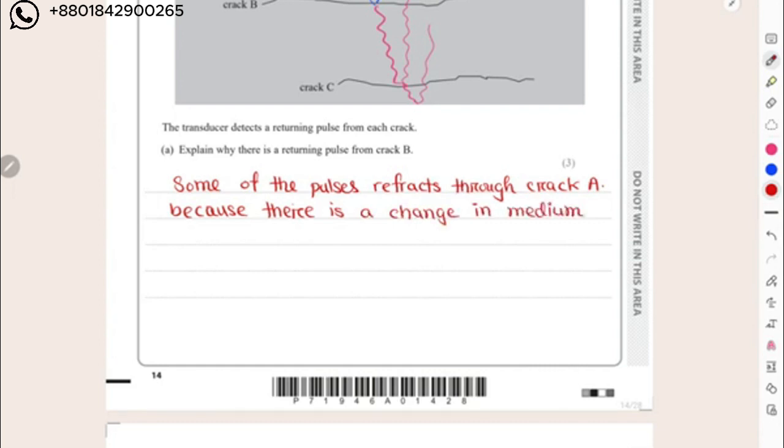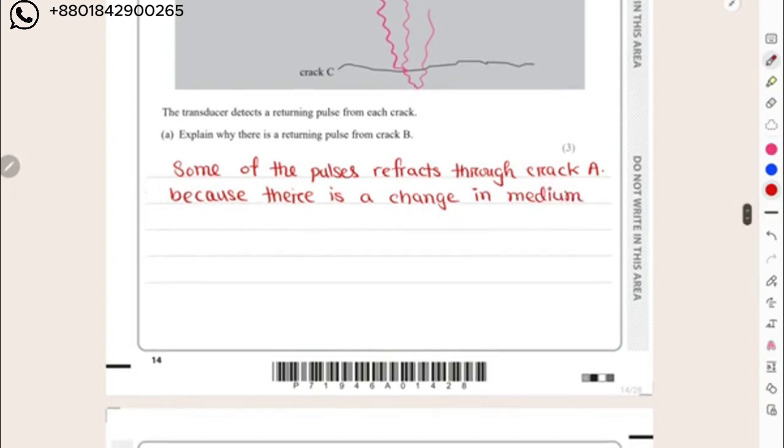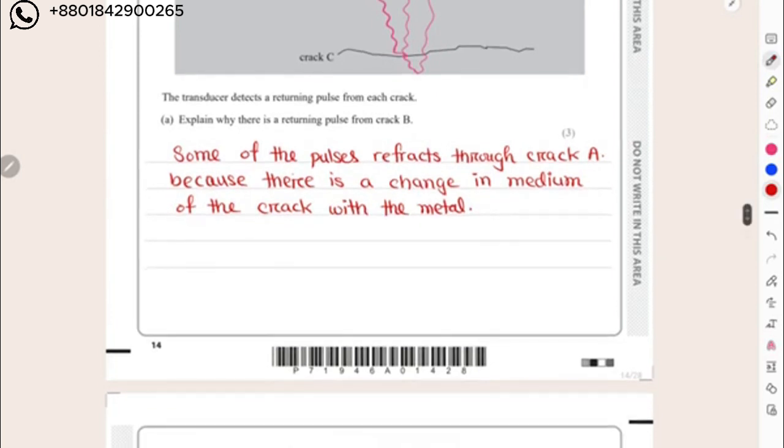So some of the pulses refract through crack A because there's a change in medium of the crack with the metal, right? So because there's a change in medium of the crack with the metal, eventually those refracted rays will be reflected from crack B, that was received by your transducer.